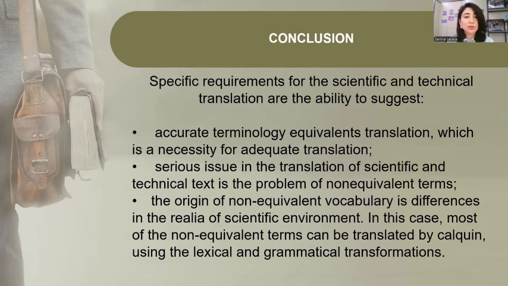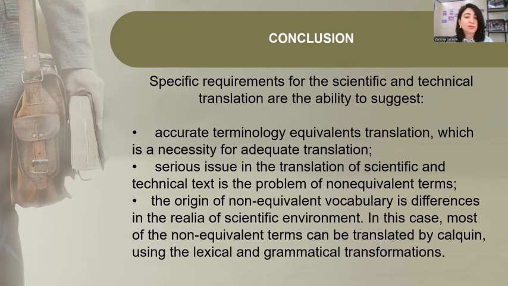So as a conclusion, we could say that the specific requirements for scientific and technical translation are the ability to provide accurate terminology and equivalence in translation, which is a necessity for adequate translation.